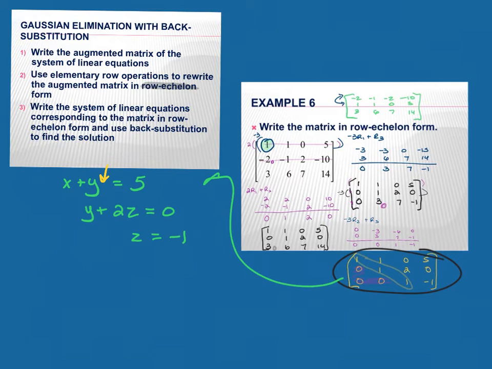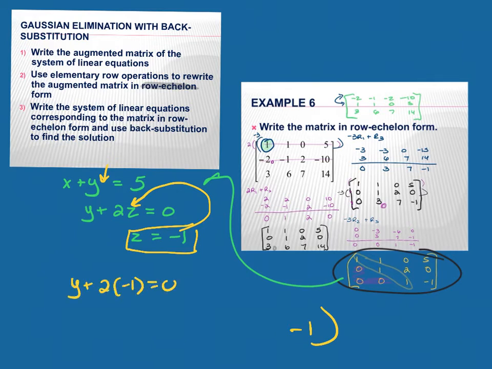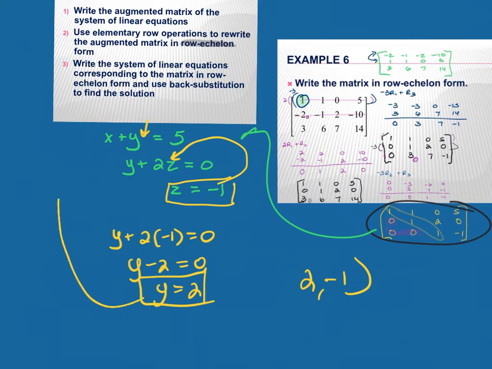This time it's not, but I already have one row solved for one variable, so I know that Z is -1. Then I'm going to take that and plug it into the second line. Y plus 2 times -1 equals 0. Y minus 2 equals 0, and Y equals 2. There's my second variable. Now I take that. Normally I plug in both, but I only have two variables this time. X plus 2 equals 5, and X equals 3.